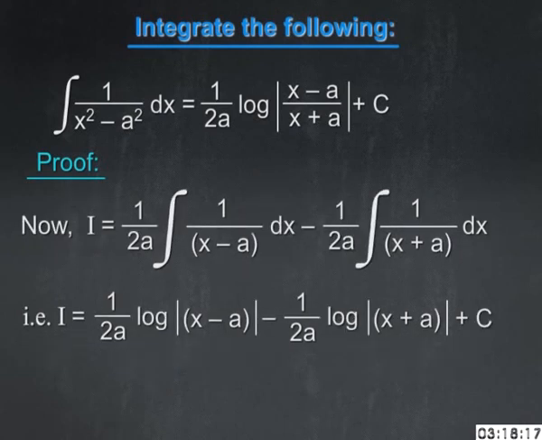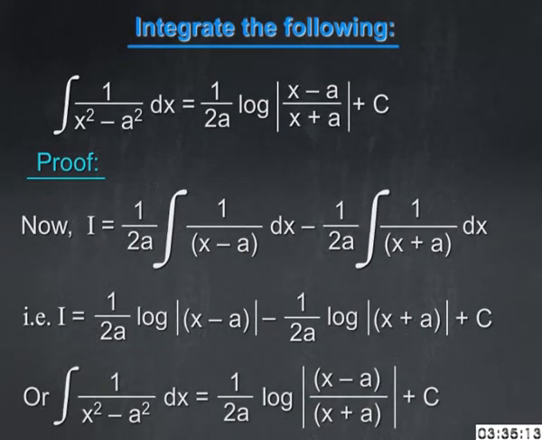So that is I is equal to 1 upon 2a into log of mod x minus a minus 1 upon 2a into log of mod x plus a plus c, where c is the constant of integration. Therefore, the given integral 1 upon x square minus a square with respect to x is equal to 1 upon 2a into log of mod x minus a upon x plus a plus c.